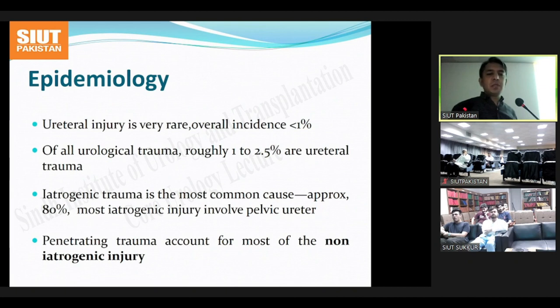Iatrogenic trauma is the commonest cause, approximately 80%, and most commonly involves the pelvic ureter. Among surgeries, the commonest is hysterectomy, around 54%, followed by colorectal surgeries. Penetrating trauma accounts for most of the non-iatrogenic injuries.